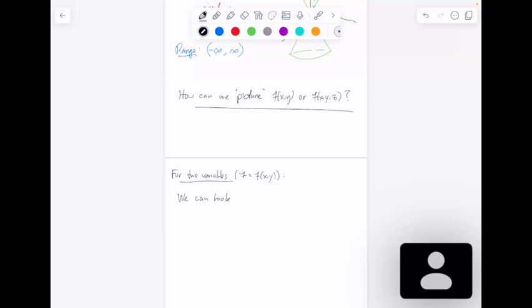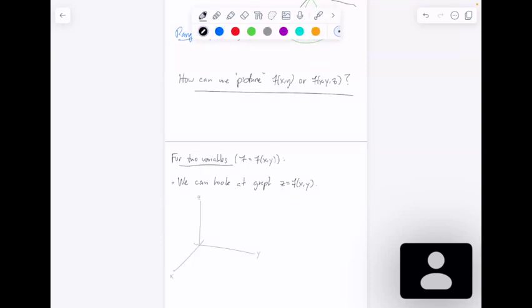We can look at the graph z is equal to f of x, y. That just means for every input x and y, I look at what number this function spits out and put it on a graph. For example, if f of x, y were equal to x squared plus y squared, then the graph would be z equal to x squared plus y squared, and what is that?